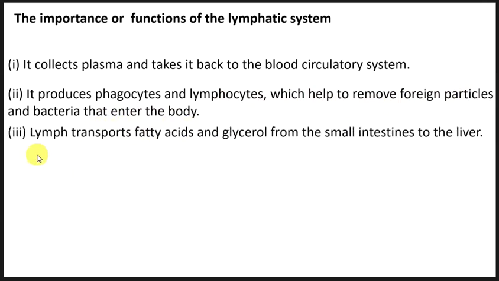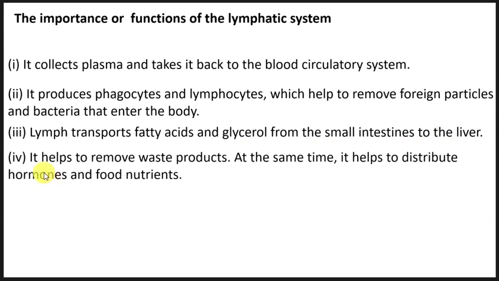Then three, lymph transports fatty acids and glycerol from the small intestines to the liver. Okay, so it helps in transportation of nutrients, like which one? Fatty acids and glycerol from the small intestines to the liver. Then four, it helps to remove waste products.